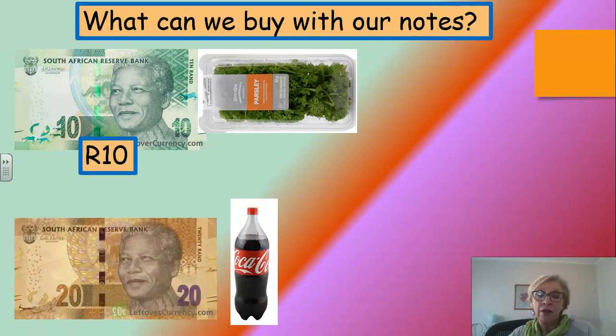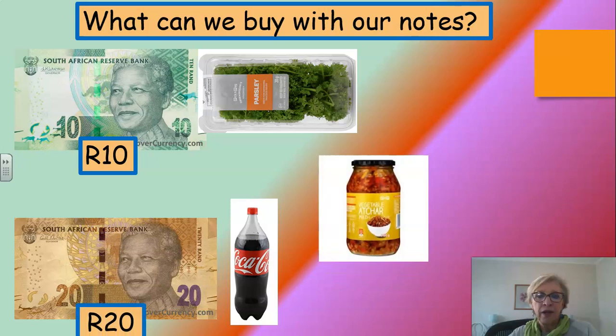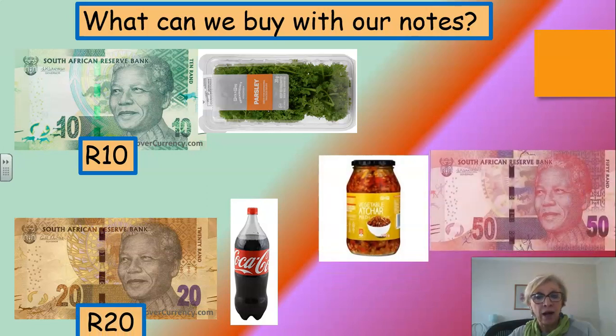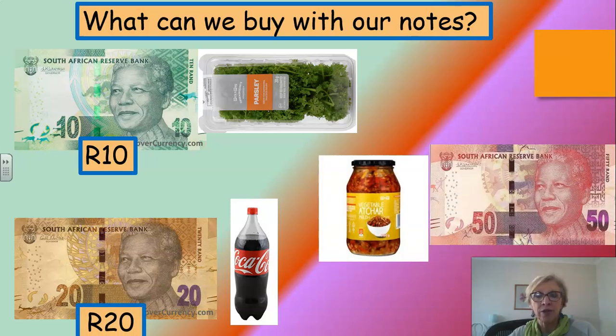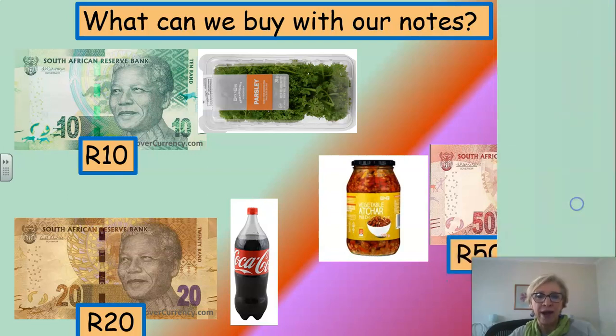And there, it will cost us about 20 rand for a Coke. Now, my vegetable achar, which is my favourite flavouring to put onto my cheese sandwiches, that vegetable achar will cost you about 50 rand.